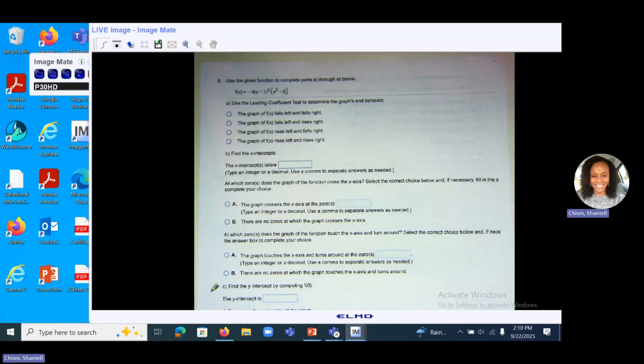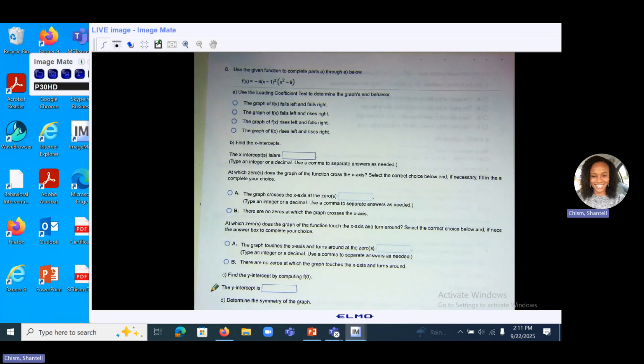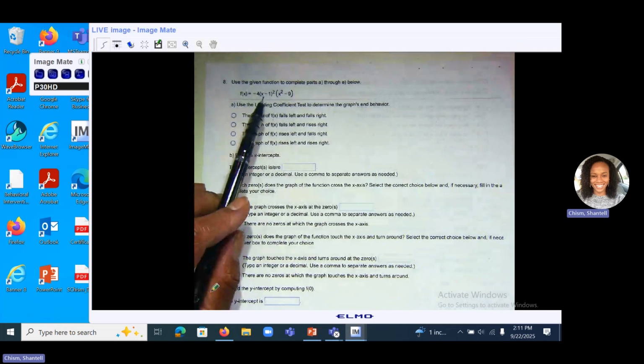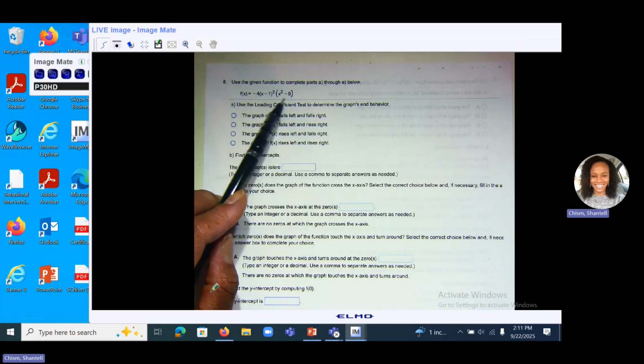So let's look at number 8 here. So this one says, use the given function to complete parts A through E below. Part A says, use the leading coefficient test to determine the graph's end behavior. All right, so what you may want to do here is look at the graph on the calculator or recognize that you don't have a degree of just 2 here because this is a product, okay?